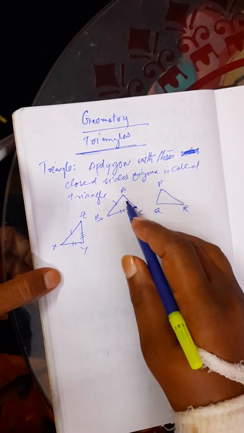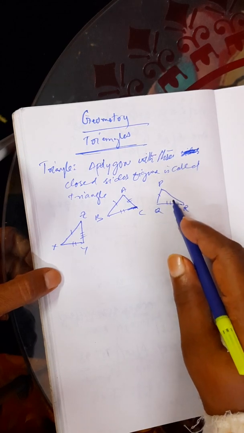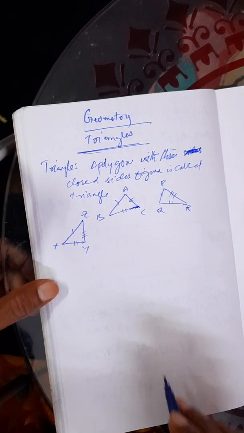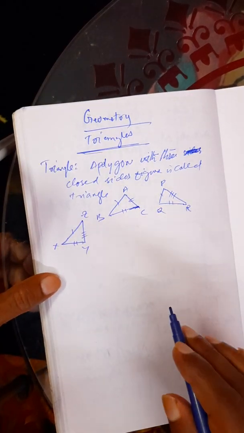Like that, a three-side closed figure is called a triangle.